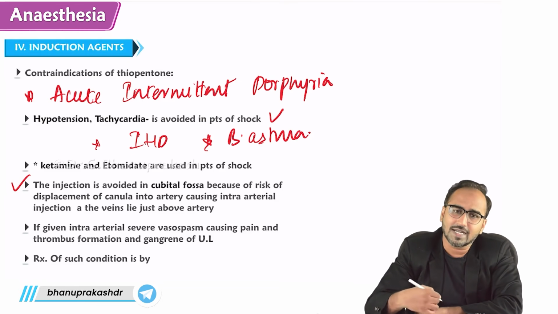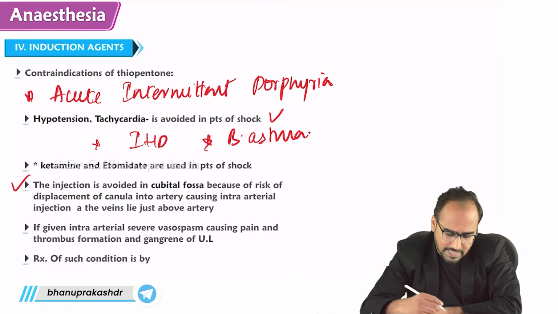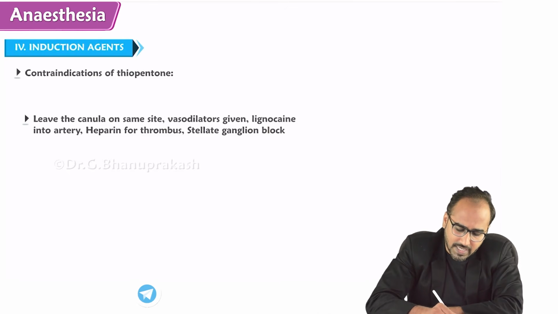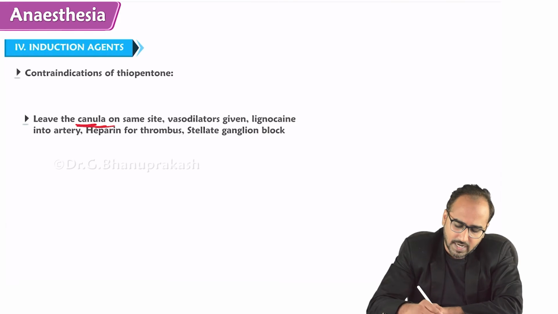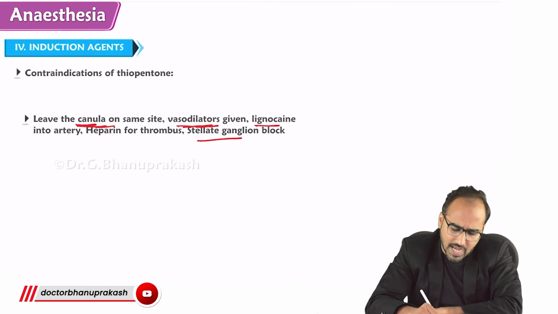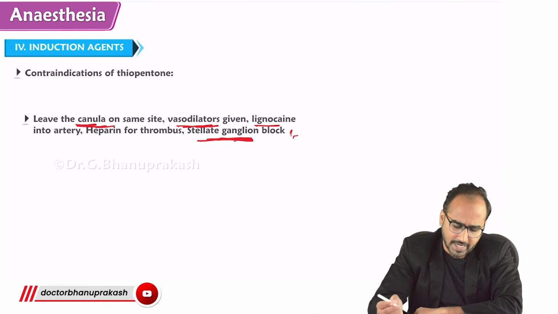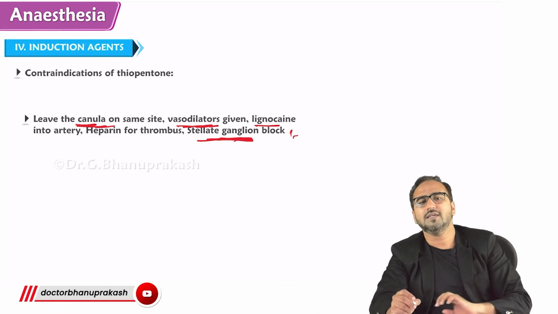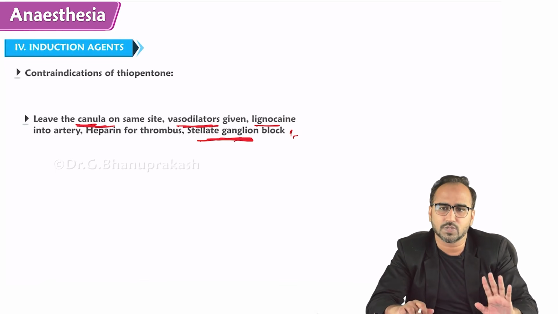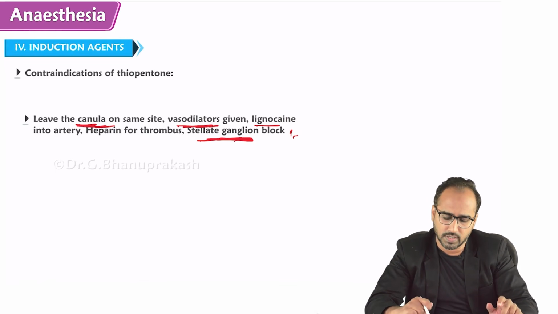If intra-arterial injection of sodium thiopentone occurs, the next best management is to leave the cannula in place and give vasodilators, lignocaine, and heparin if a thrombus is being formed. The last option is a stellate ganglion block. That was regarding sodium thiopentone.